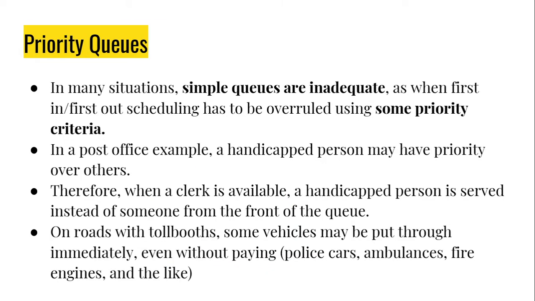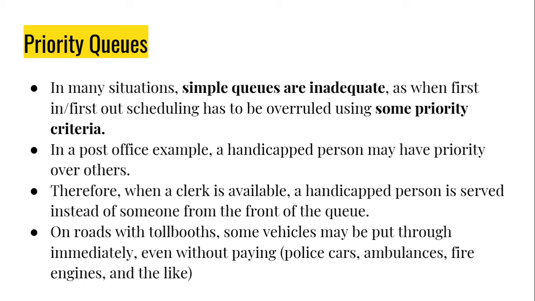Another example of an application of queues is the priority queue. In some situations, simple queues are inadequate for implementation. First in, first out scheduling has to be overruled by another scheduling principle, which implements priority criteria.